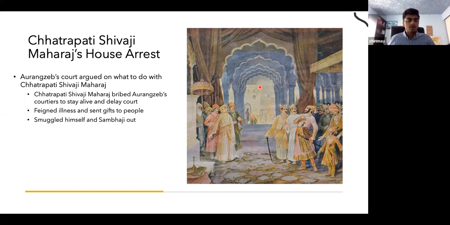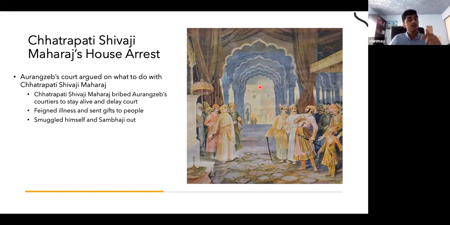So what happened was Aurangzeb's court then started arguing on what to do with Chhatrapati Shivaji Maharaj. Because Shivaji was not some ordinary person you can kill. This Indian self-rule, this Swaraj movement had taken root. So there were many debates, like whether we should kill Shivaji, arrest Shivaji, or what we should do with Shivaji. In order to keep this system slow, Shivaji regularly bribed Aurangzeb's courtiers.